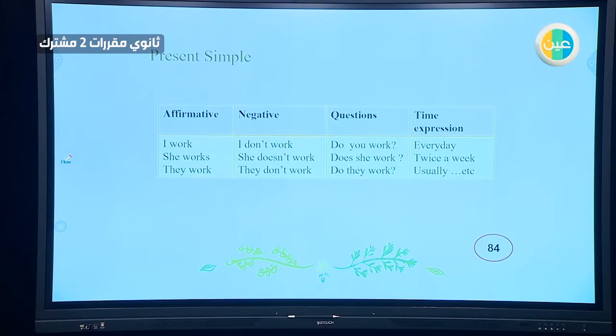This is just an example for you. If you want to write your own table, you can have the sentences in affirmative statements, the negative, the question, and the time expression. This is easier for you. This is how you should know the time, how you write a sentence, how you write a question, how you write the negative of any tense you study.